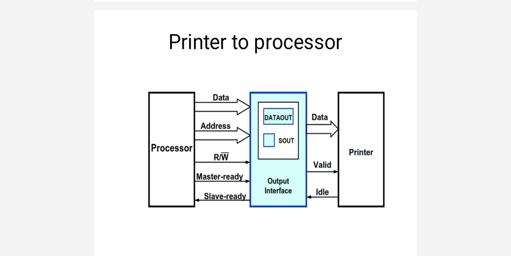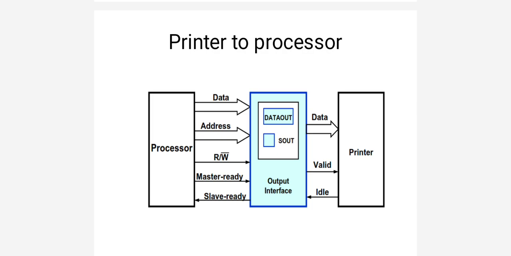In between the processor and the output interface, there is a handshaking mechanism, because the bus used is asynchronous bus, and the handshaking control signals in between the processor and the output interface are master ready and slave ready.